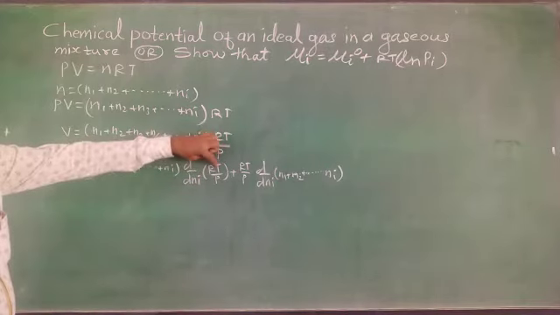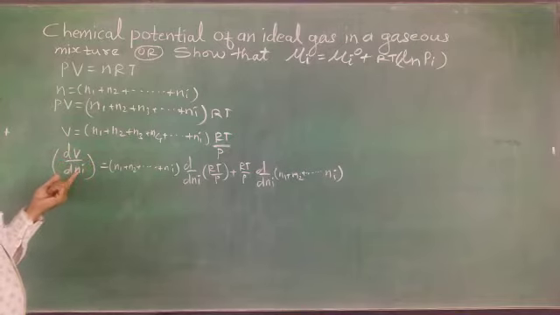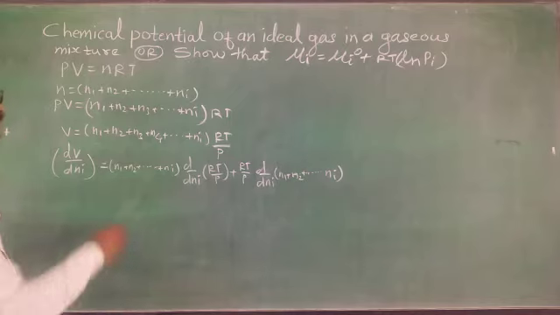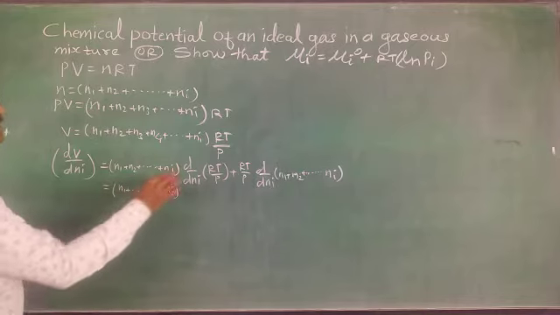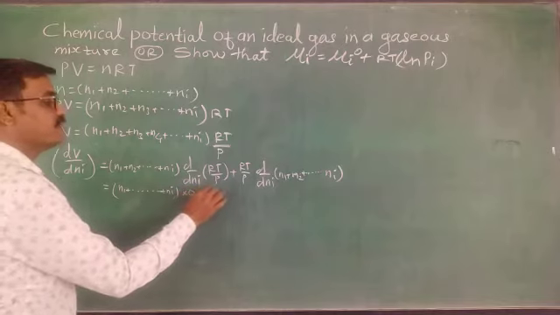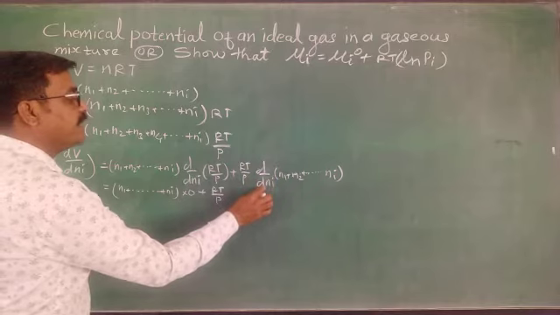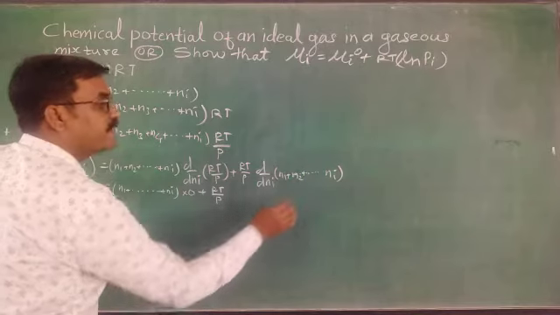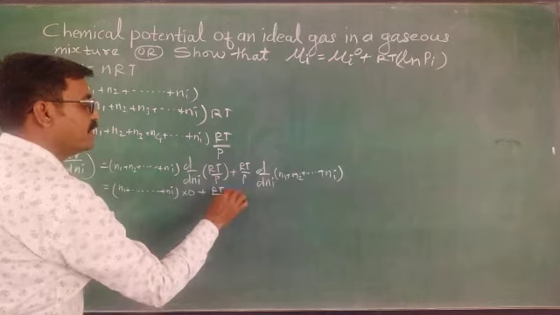Now R is constant, T is constant, pressure is constant, because here we differentiate with respect to ni, keeping pressure, temperature and other constituents constant. That's why (n1 + ... + ni) remains as it is, into the derivative of all these constants, which is 0, plus RT/P. Now d/dni of (n1 + n2 + n3 + ... + ni), the last term is ni, so it becomes 1.